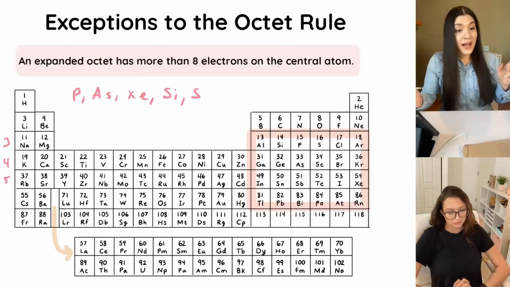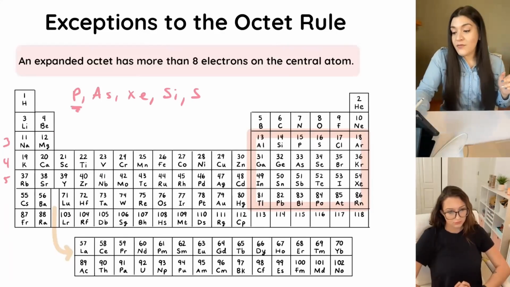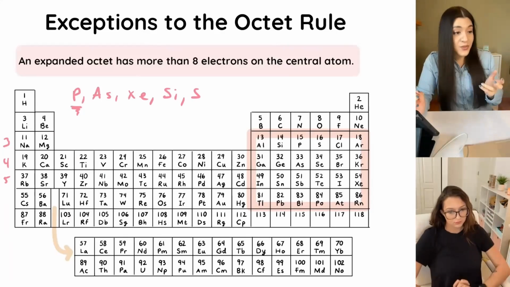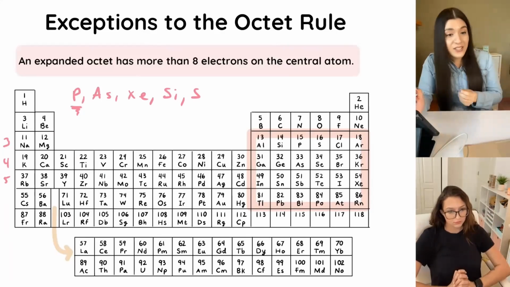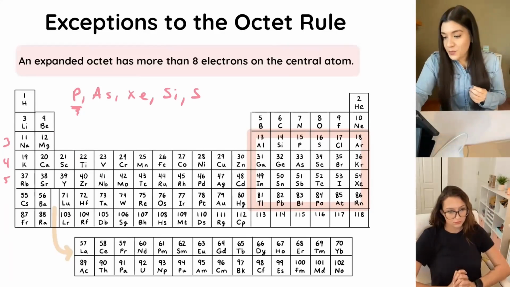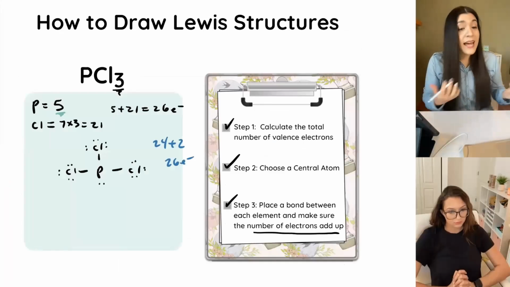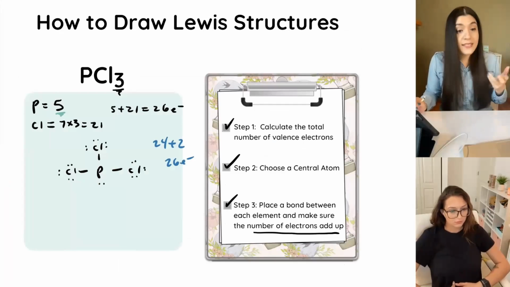And I'm going to highlight back to one of the ones we just did. So phosphorus has the potential to form an expanded octet if it needs to. But as we saw previously with this example, it didn't have to, right? This had already, 2, 4, 6, 8. This obeyed the octet rule, and that was fine.